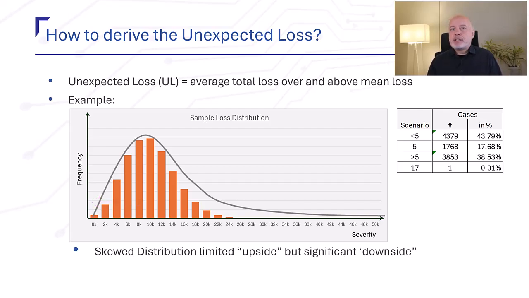But there is a significant downside because technically up to 100 loans could default each year. The most frequent observation is also the one where we identify the expected loss. If we make the calculation, we can actually see that the expected loss in these scenarios here is approximately $10,000. So no surprise either.